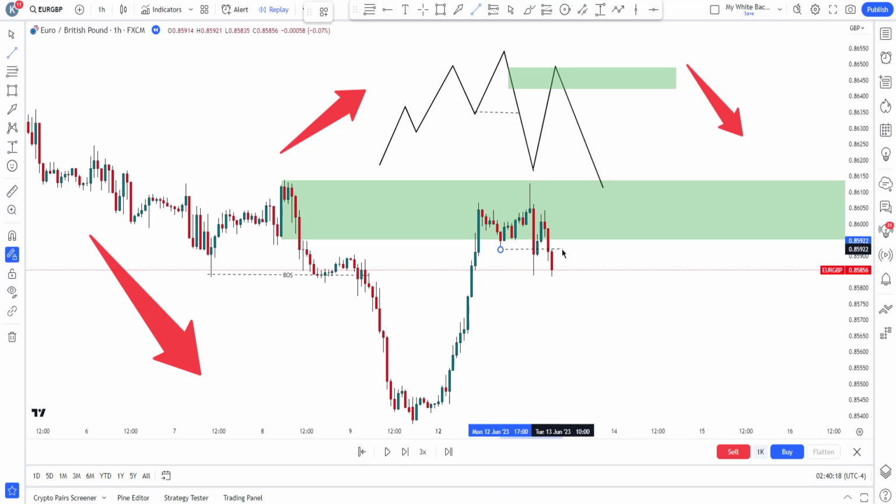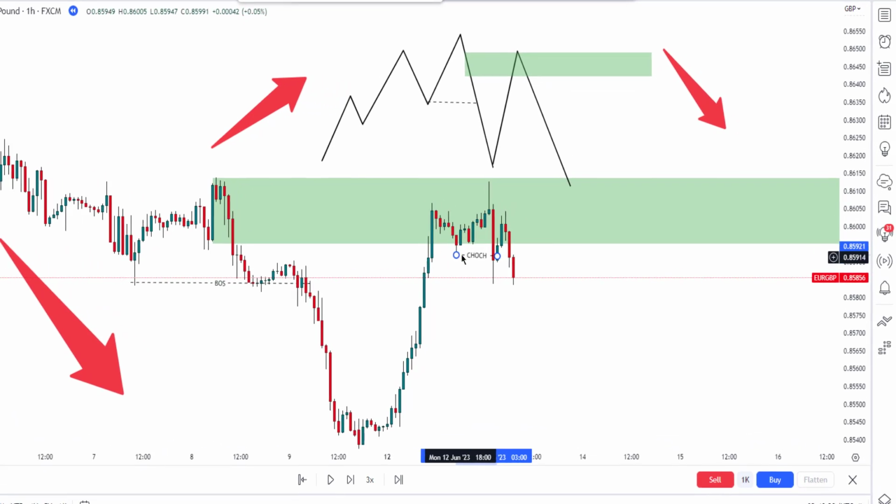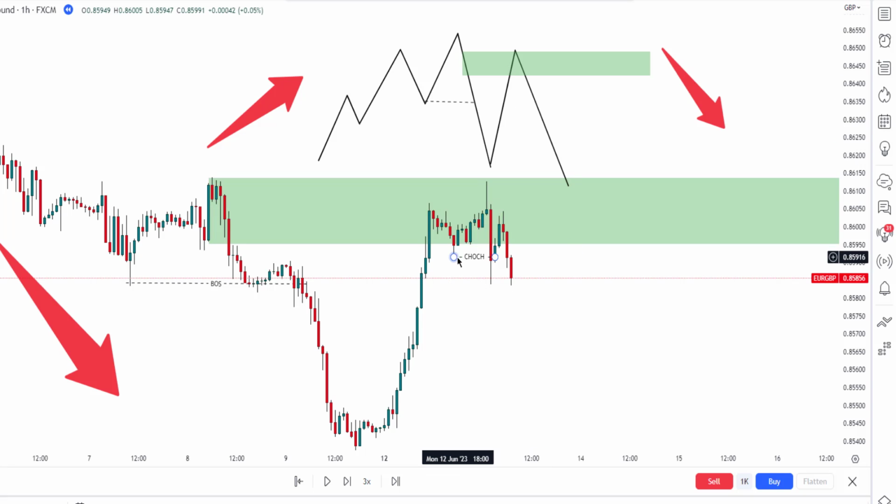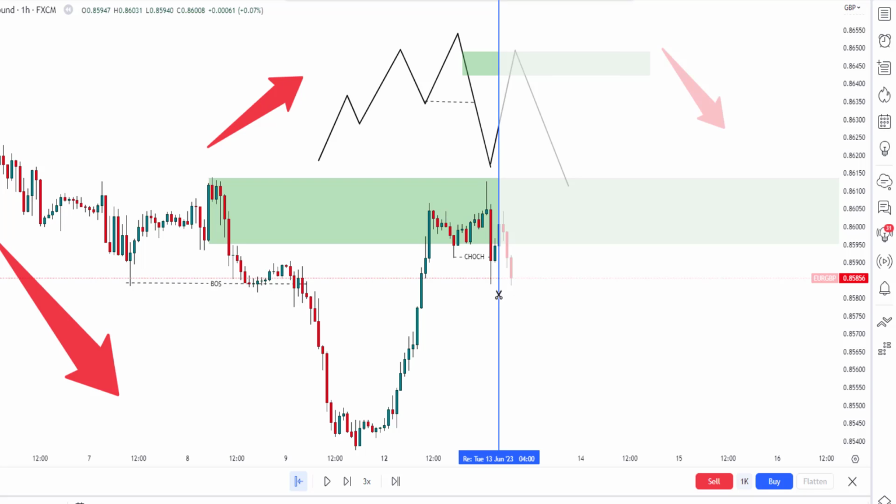Shifting market structure happened right at this point, and we call it change of character, as other people will call it. It happened right at this point because this is the last higher low that price has printed, push up, crashing into it.